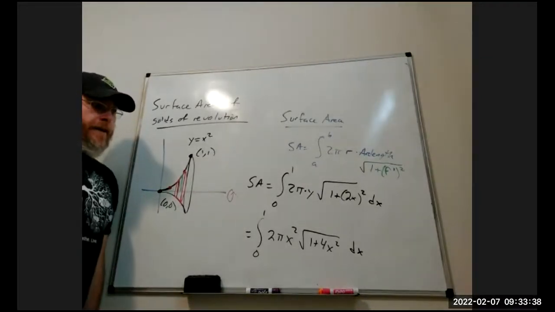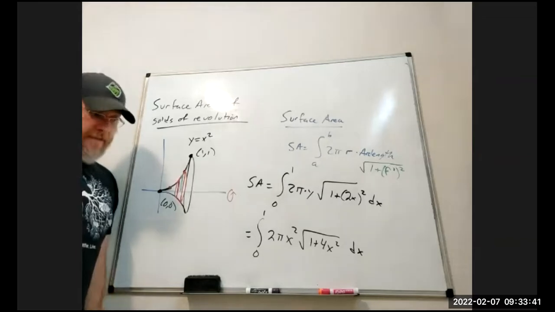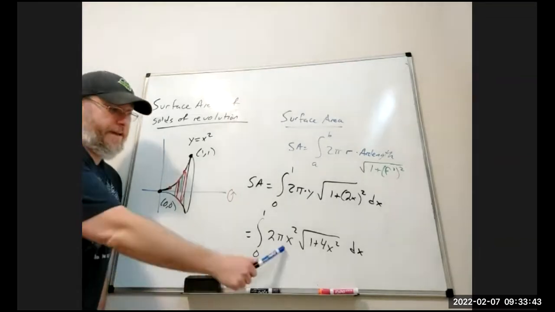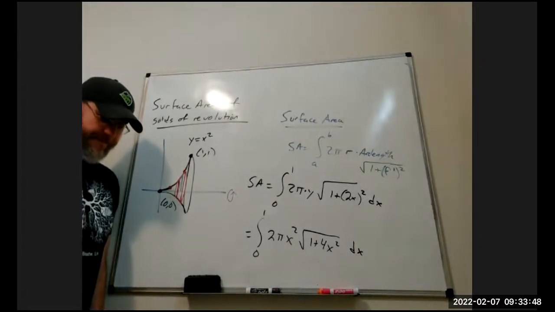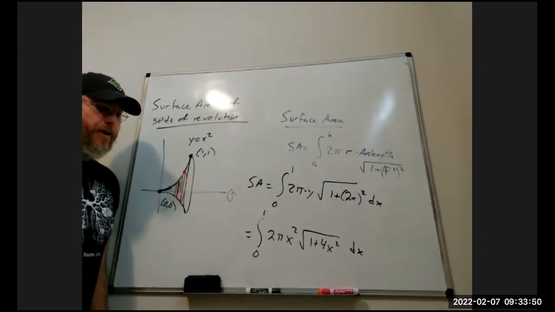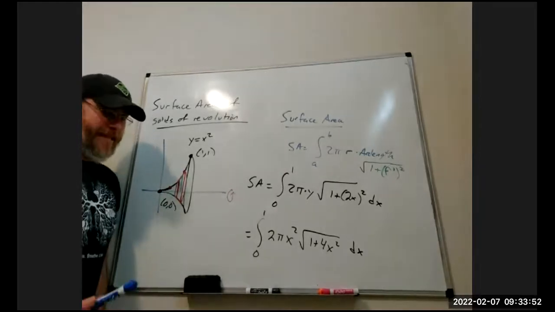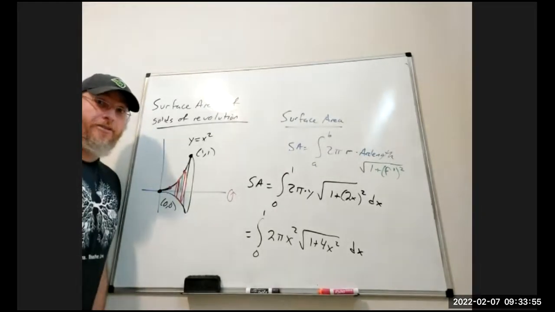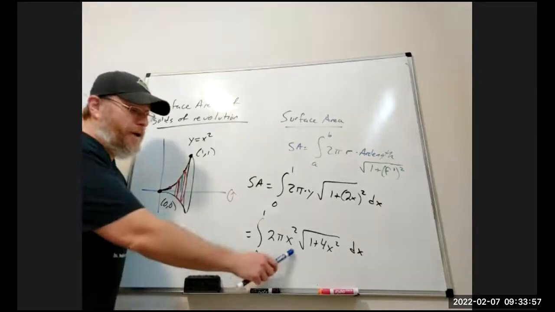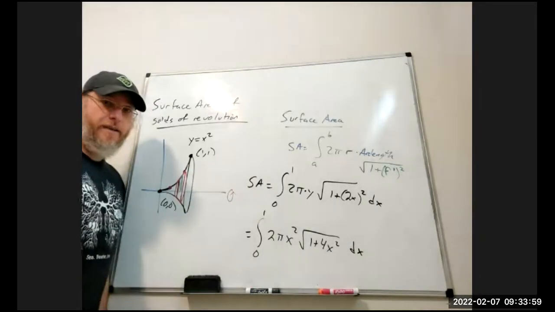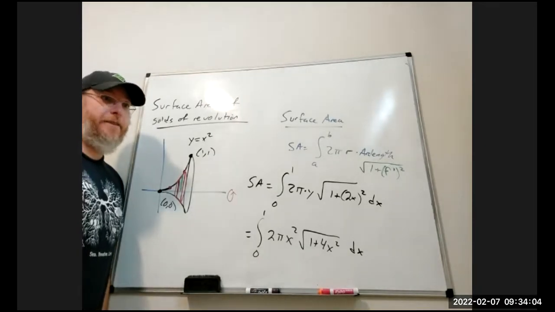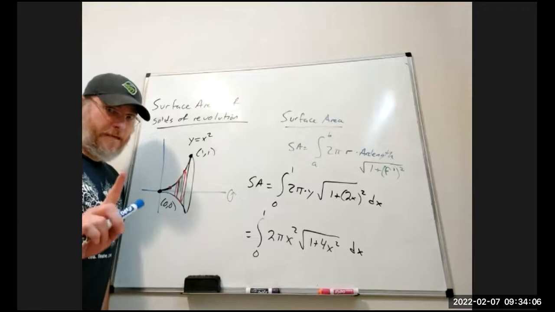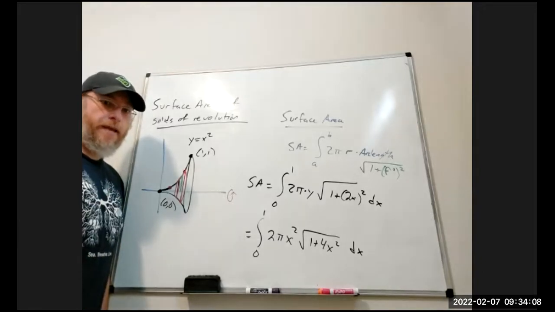All right. So this guy, now the question is, we got it set up. How are these going to be when it comes to integrating? Well, these are going to be better than just arc length, because now we are going to have stuff on the outside, and that stuff on the outside is going to give us the potential of being able to do some sort of a U substitution trick.